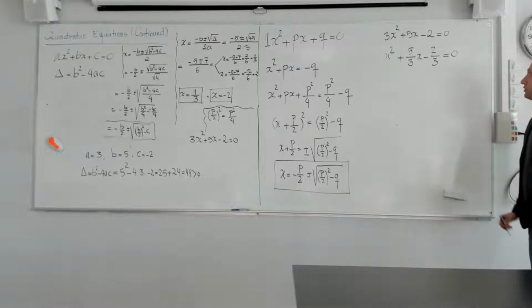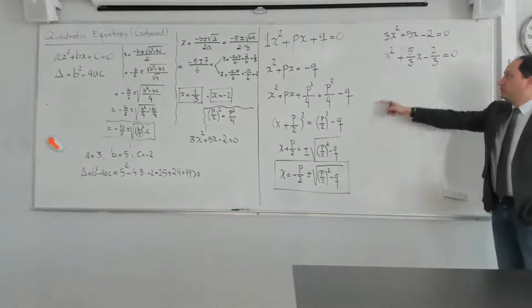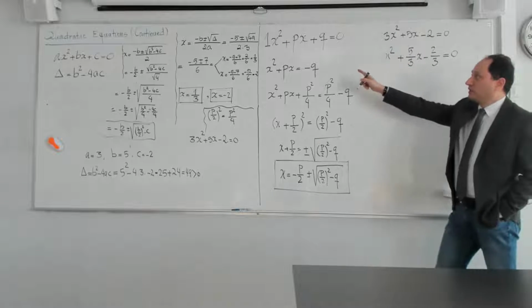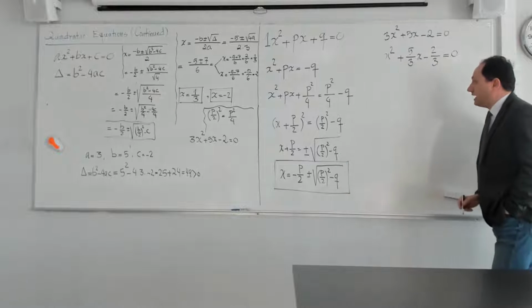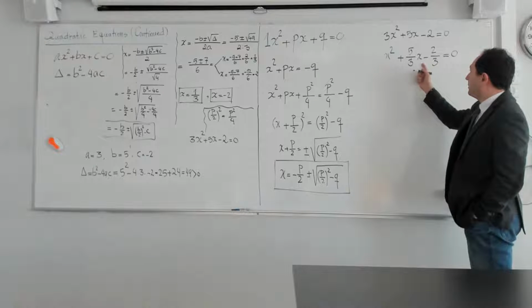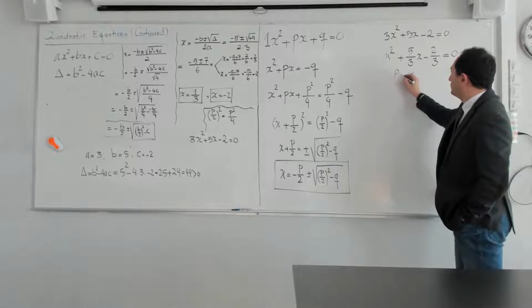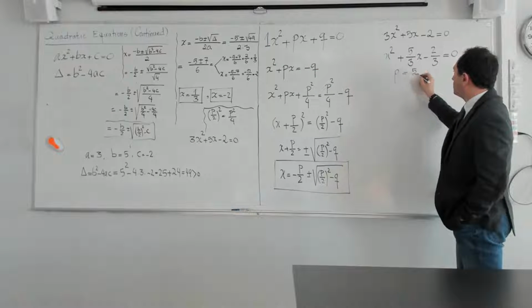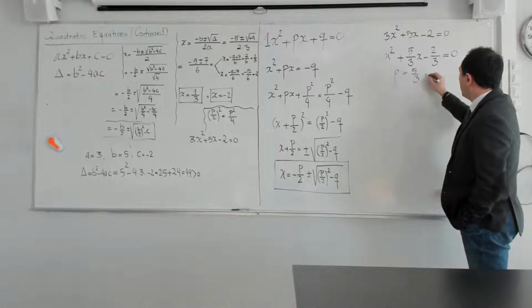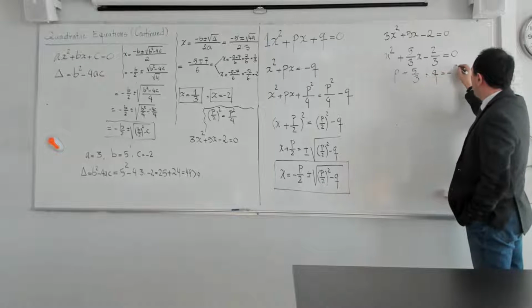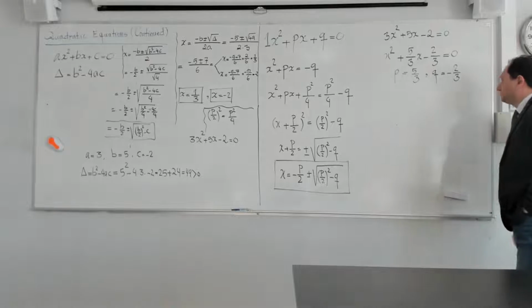So if you want to use the PQ formula for this problem, it is a have to. You have to make it 1 first. And then you need to compare this with this one and then read P and Q. So P in this problem is 5 over 3 and Q in this problem is minus 2/3.